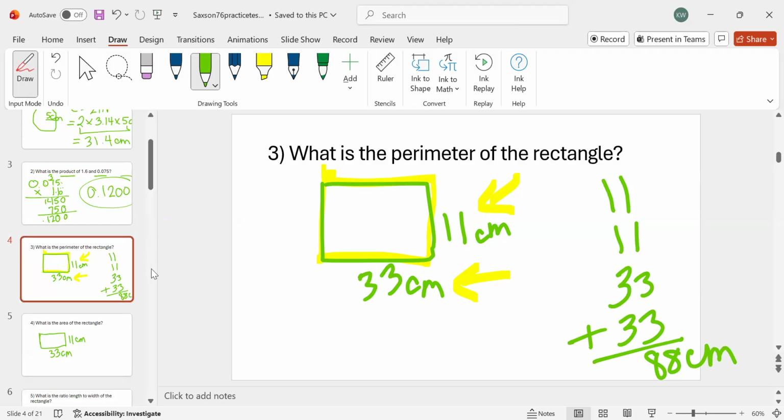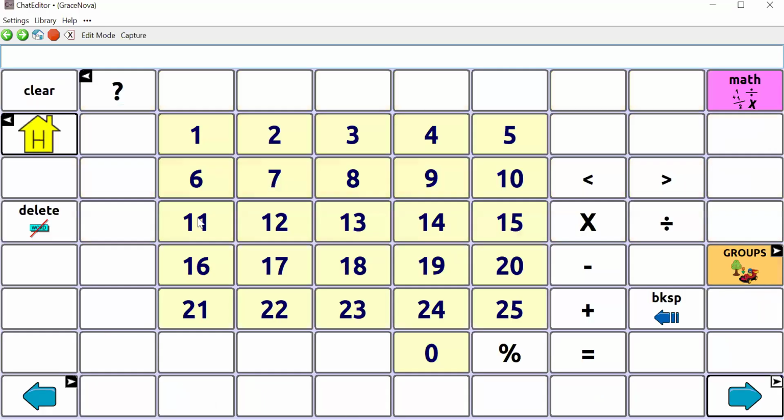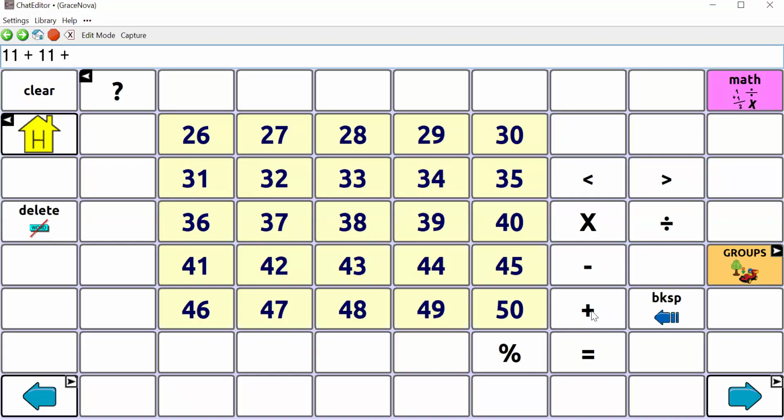Let's do it with the talker. Again, we could say our answer, set it up. We'll use math so that we can use the addition sign. We'll do 11.